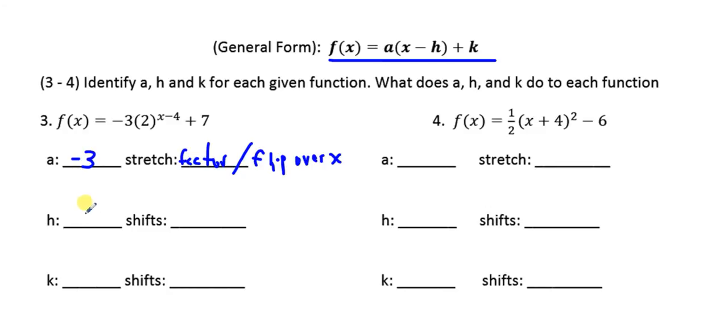H is 4, so that's going to shift it to the right 4, and I'm trying to go fast. And then k is 7, so it's going to go up 7. And this is another exponential equation, so really similar to the last one I just graphed.